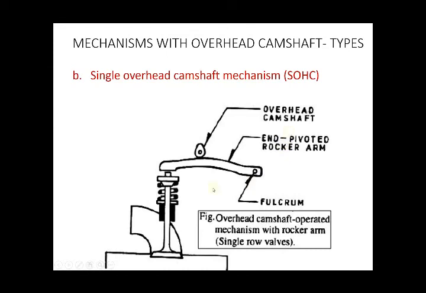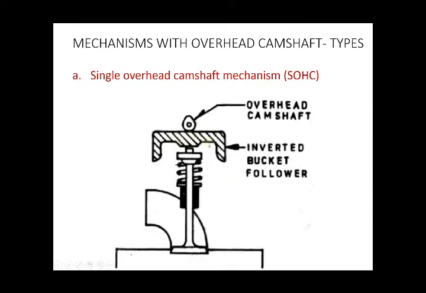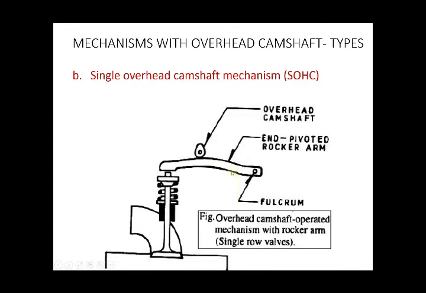And again we have another single overhead camshaft mechanism with a rocker arm. In the previous one there is no rocker arm. Directly the cam is coming into contact with the follower, whereas here instead of a follower we have a rocker arm. The mode of operation is the same as that of the previous case. We have a fulcrum that is mounted here.